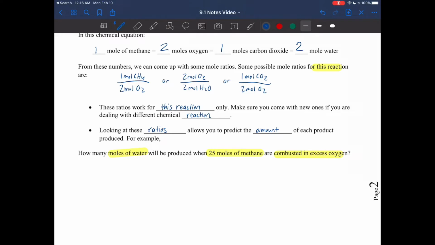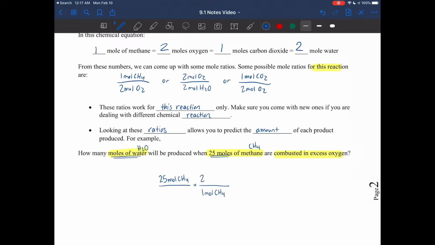So we're looking for moles of water, and we have 25 moles of methane. Remember, methane was CH4. Let's start with 25 moles of methane in our problem and use a mole ratio to convert it to moles of water. According to our chemical equation, we had 1 mole of CH4 for every 2 moles of H2O.